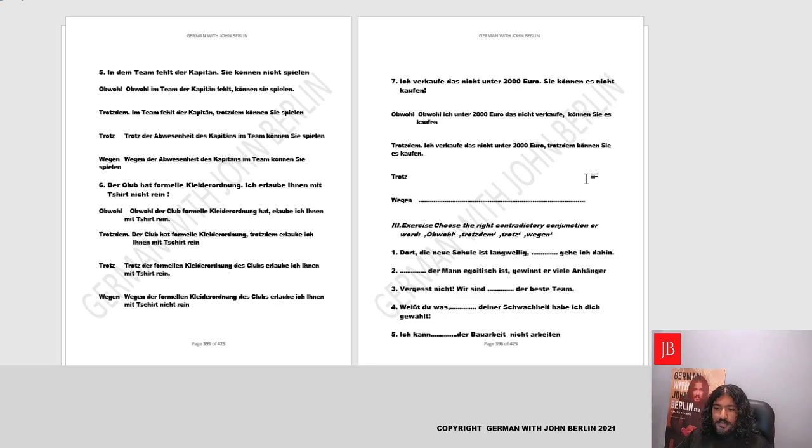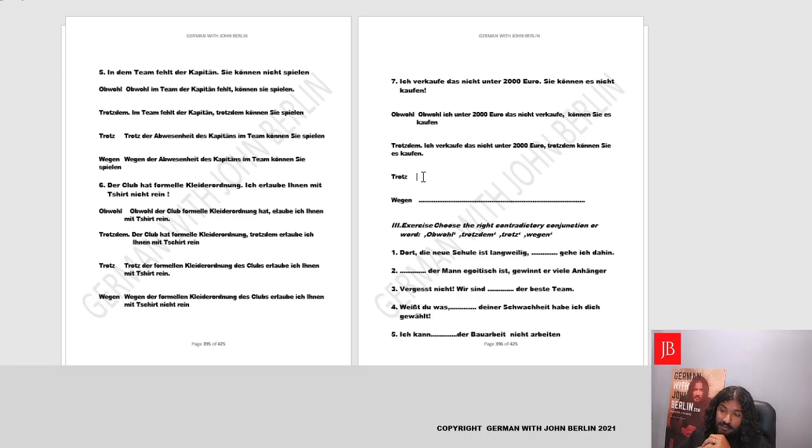Now we need to be creative, need to find a way to say, in spite of the price. We could say in spite of the high price, you can buy it. Yes, in spite of the price, like we need to describe the 2000 euro.